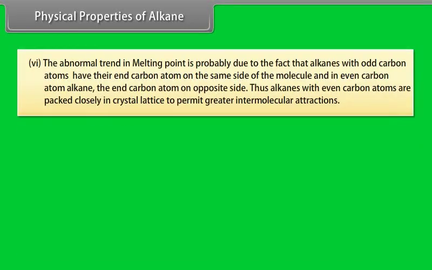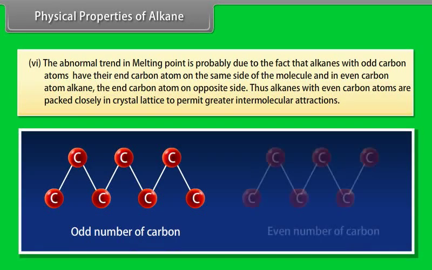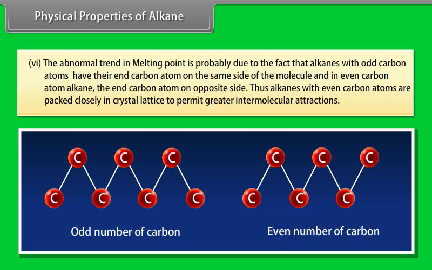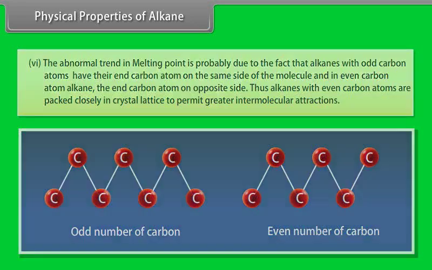Number 6: the abnormal trend in melting point is probably due to the fact that in alkanes with odd carbon atoms, the end carbon atoms are on the same side of the molecule, and in even carbon alkanes, the end carbon atoms are on opposite sides. Thus, alkanes with even carbon atoms are packed closely in the crystal lattice, permitting greater intermolecular attractions.